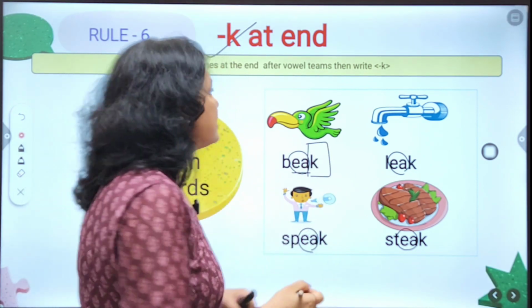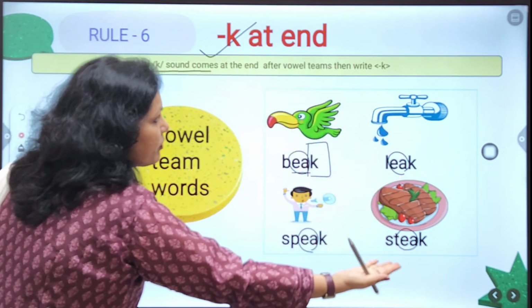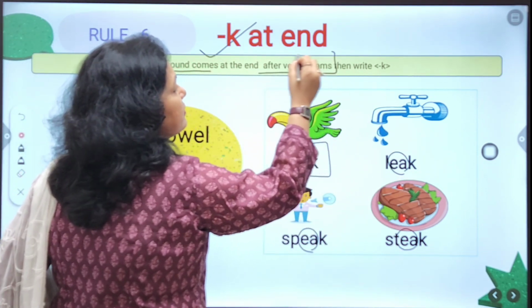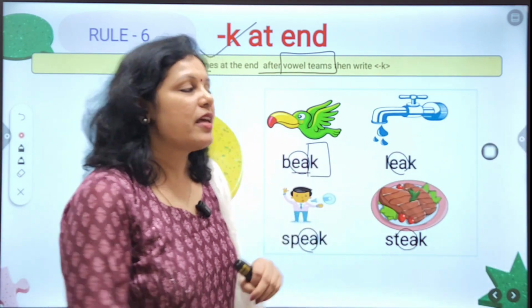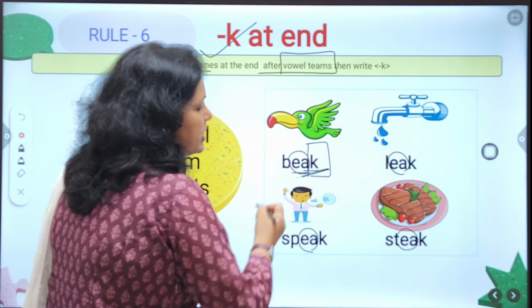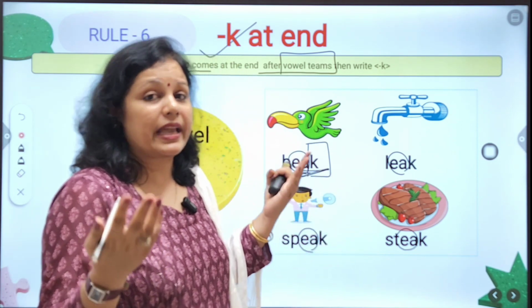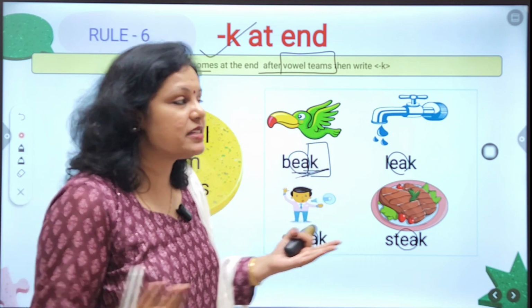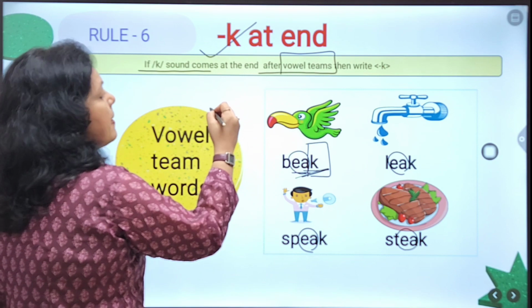The rule says that whenever the K sound comes at the end of the word after vowel teams, or rather after long vowel sounds, in that case you will always write K, right? Let us see a few words also and let us see it in a comparative way. You have beak over here, okay?